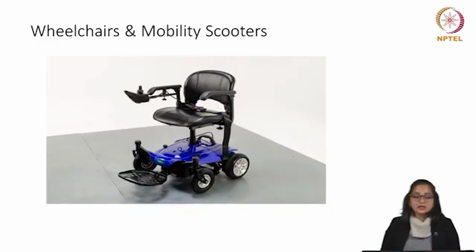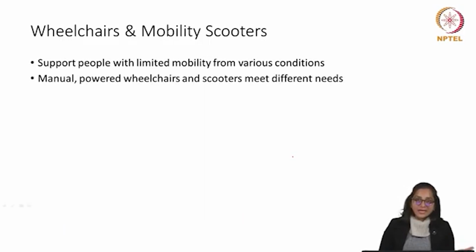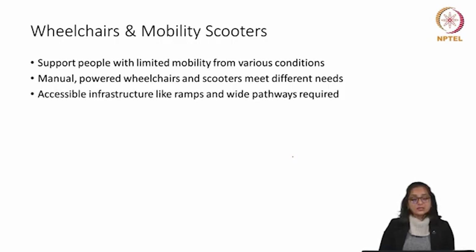Then, of course, there are wheelchairs and mobility scooters, which also form a big chunk of assistive devices. They support people with limited mobility from various conditions. They can be manual or powered wheelchairs and scooters that meet different needs.